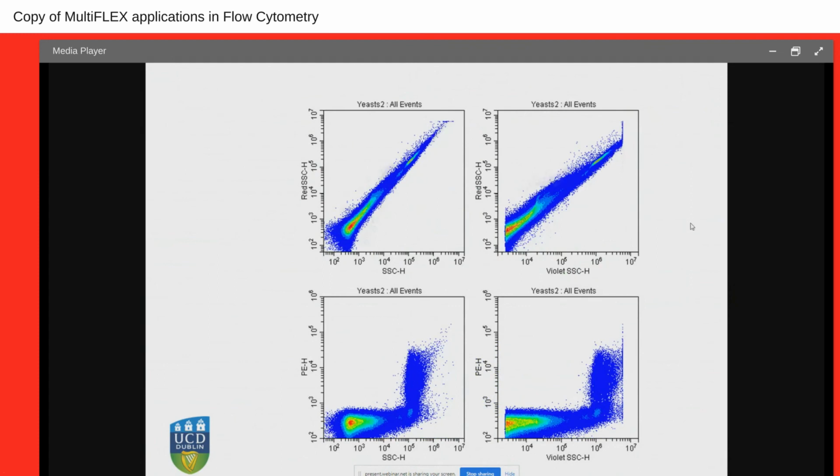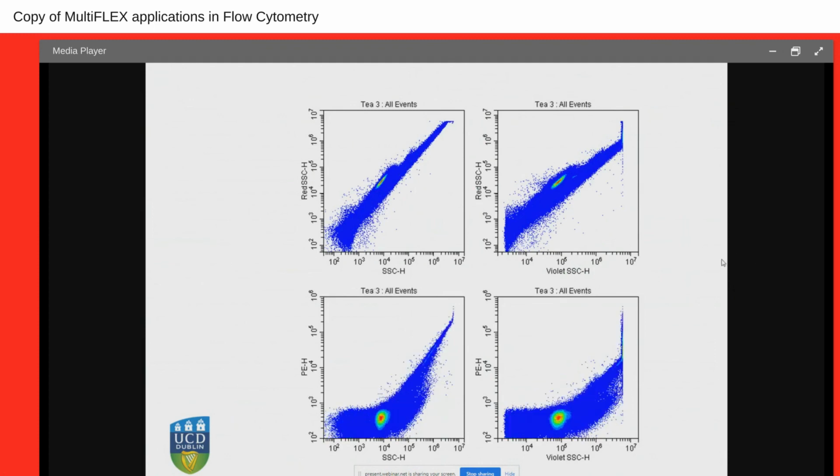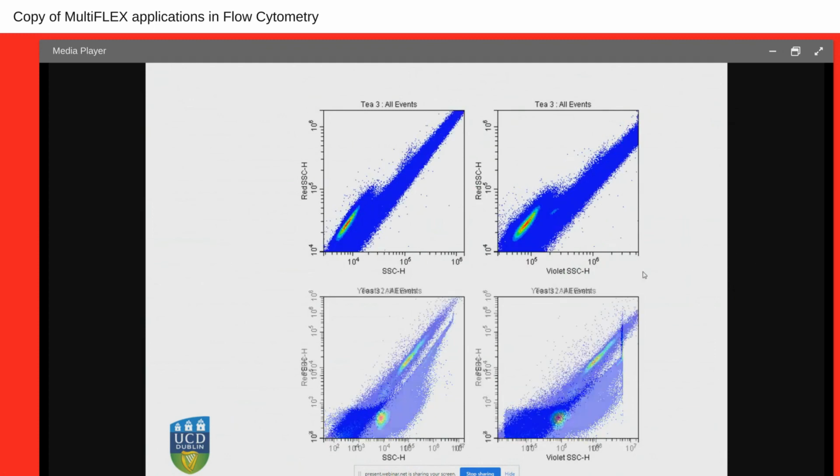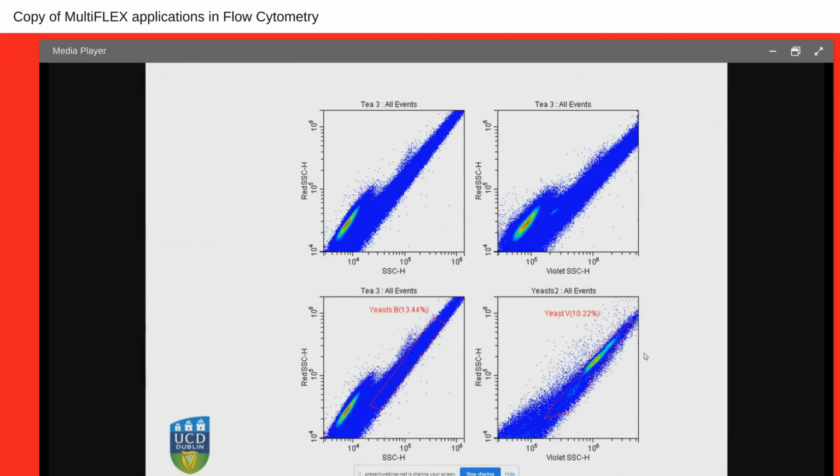And now I analyze again the previous sample of tea. When we compare closely now, where is my population of yeast, I put a gate around them. I look at these ones here, the yeasts are falling here, and these ones here, then they're bacteria, at a different angle, with a different relationship between the violet and the red side scatter.